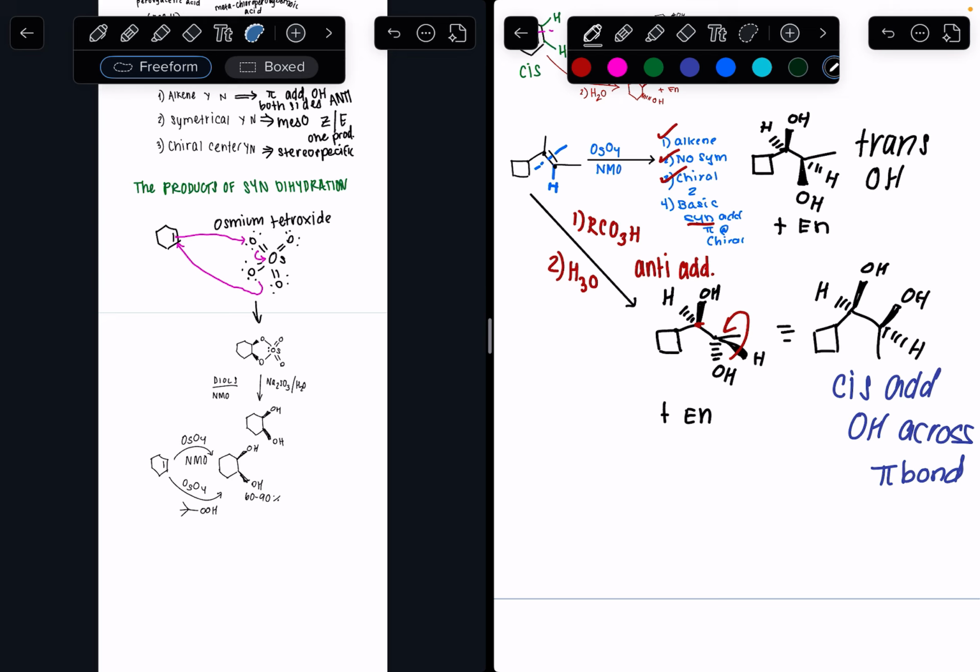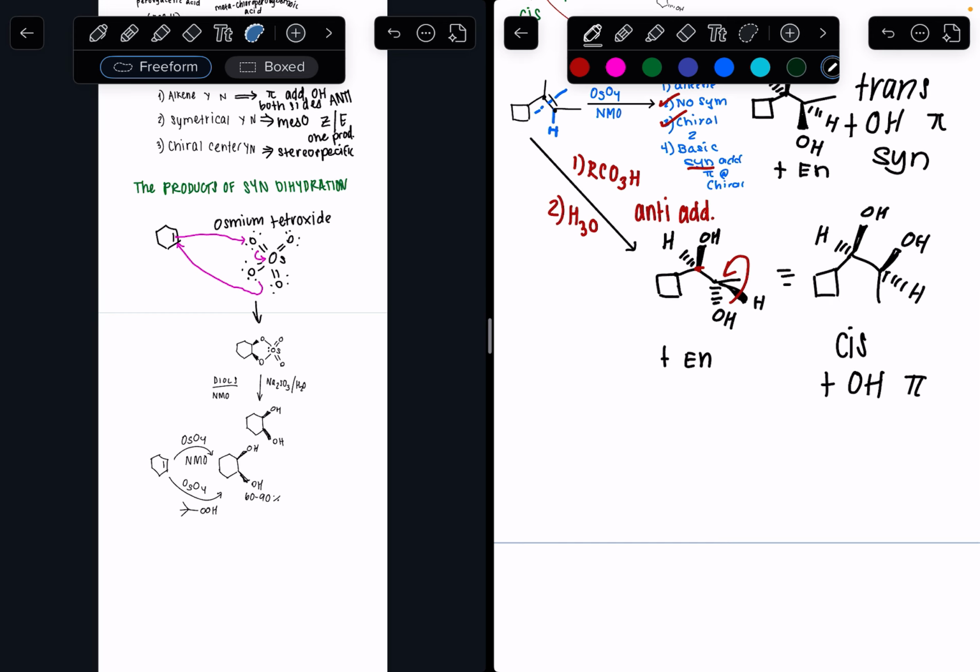Okay, so now we know if you see this question on an exam, you're going to get either a cis or trans, you're adding alcohol to the pi bonds, and with basic solutions, it's going to be syn. And under acidic conditions, it's going to be anti. Okay, so cis, double alcohols across the pi bond, anti.